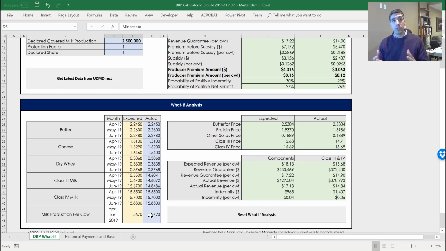If the state of Minnesota was more productive per cow, we are assuming that your cows were also more productive than you originally anticipated, and therefore your revenue did not decline as much as the prices declined in this scenario. So you can see here how our indemnity is affected by the changes in yield.